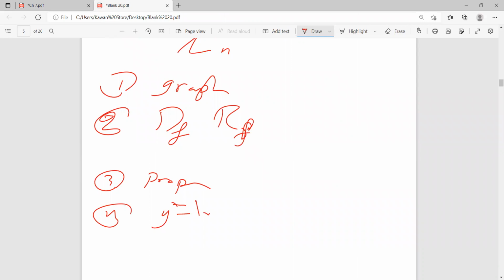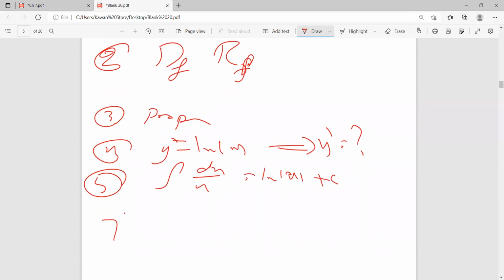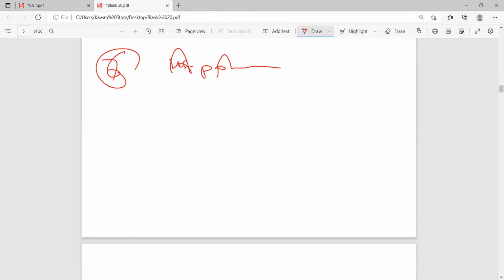If y is equal to ln of x, so what's the derivative? The fifth one, the integral of du, which is equal to ln of u plus c. The last one, benefit or usage, or how to use the application. Understood? So, quickly reviewing for you.